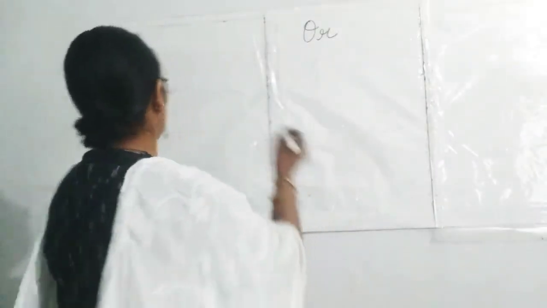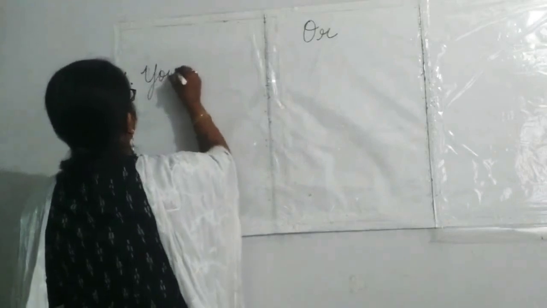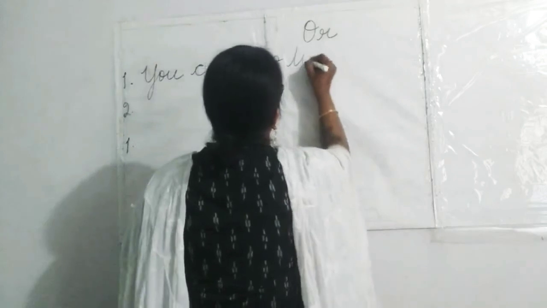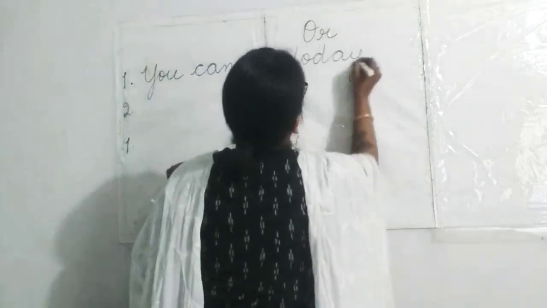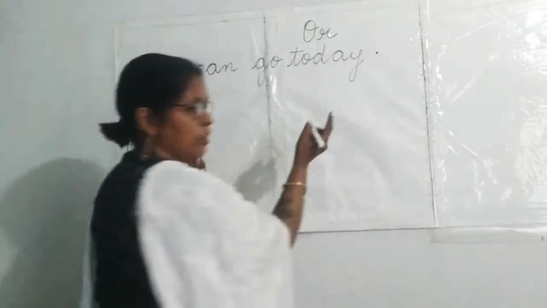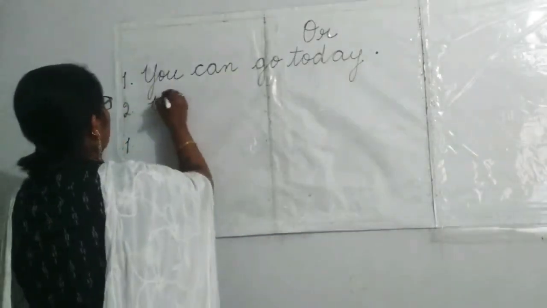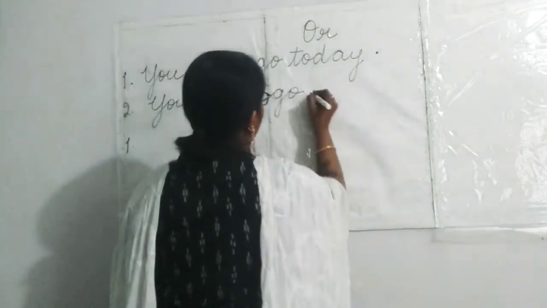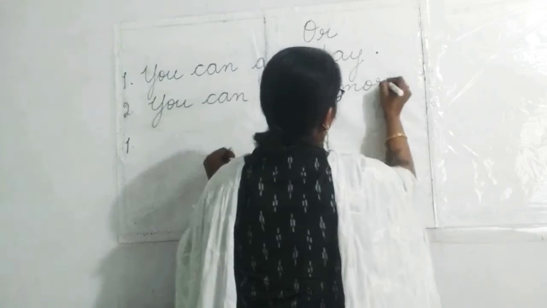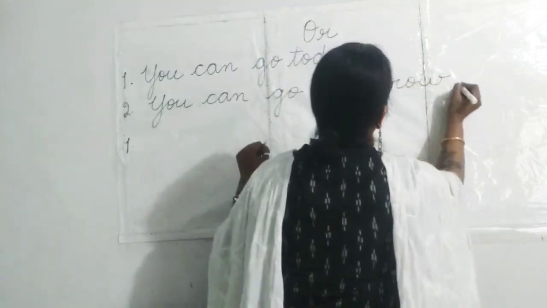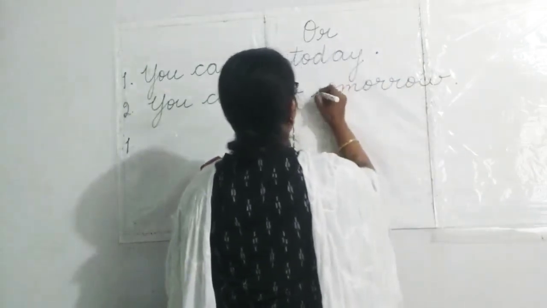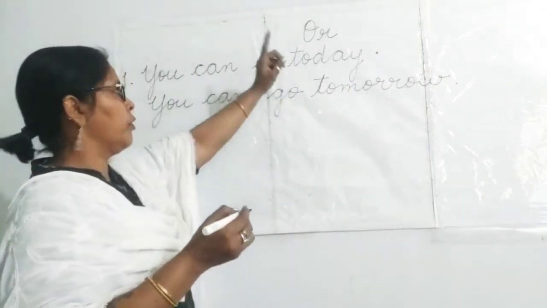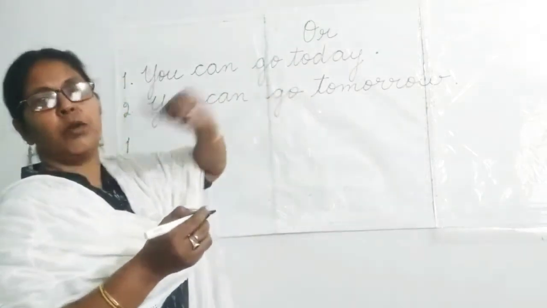Next one. You can go today. Next one. You can go tomorrow. Okay. So now we are going to join these two sentences and make it one with the help of or.